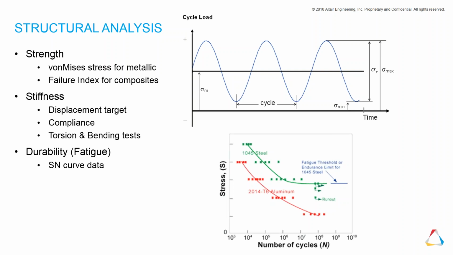But if it's going to be under a constant loading, unloading scenario, like you see from the cyclic load at the top there, then we need to consider the number of cycles that it's going to see in its lifetime, and adjust the stress accordingly based on the SN curve you can see there at the bottom.